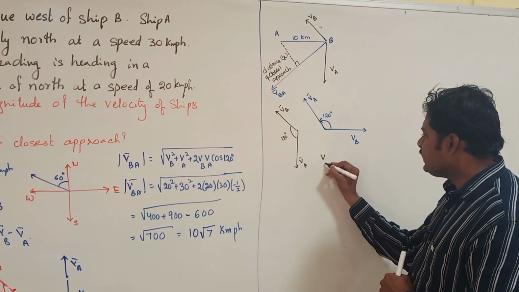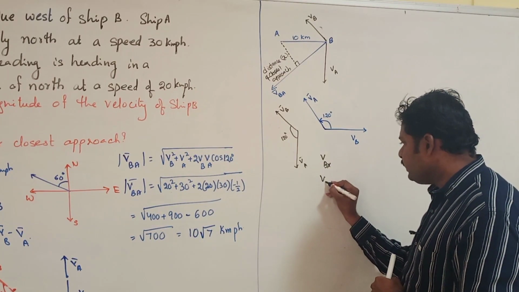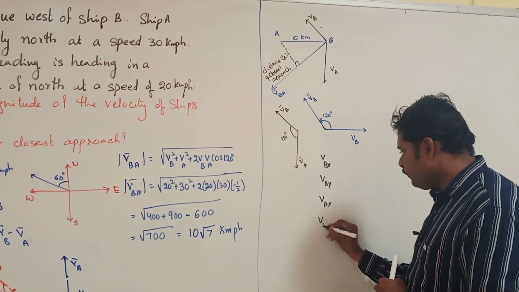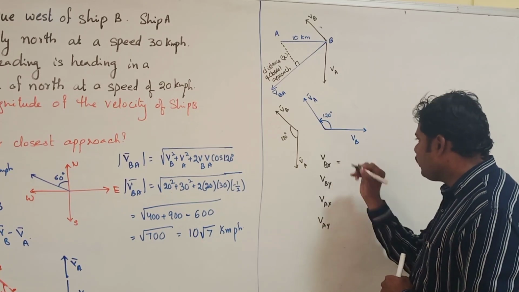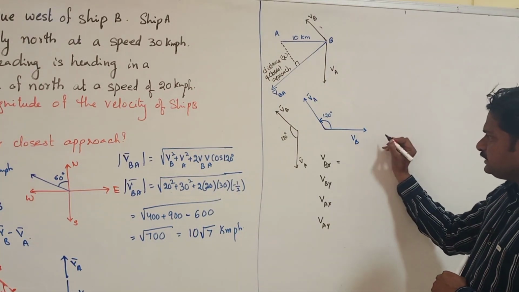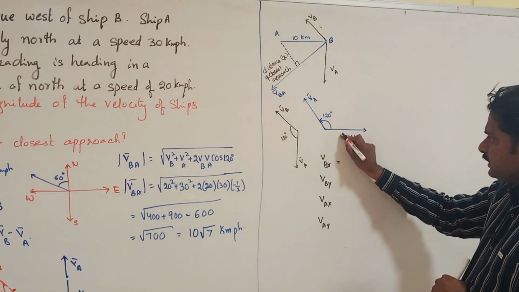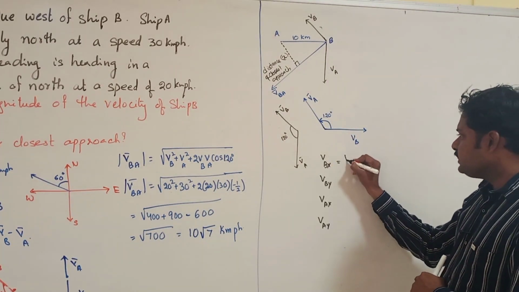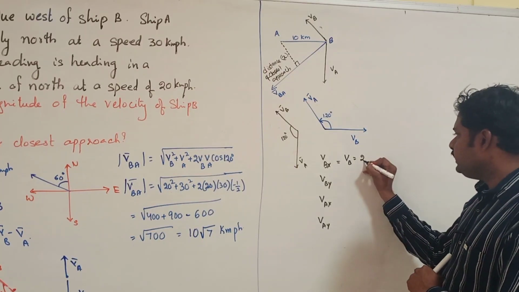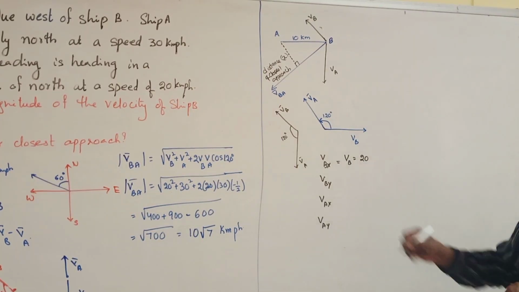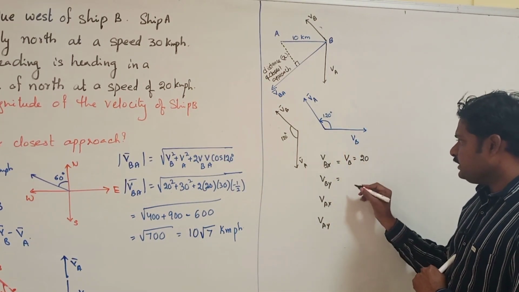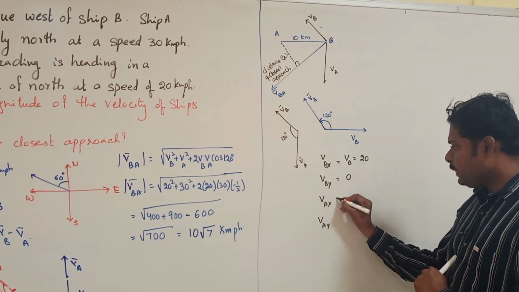Now the VBX component, VBY component, VAX component, VAY component. What is the VBX component? It is already on the x-axis, making 0 degrees with the x-axis. Simply VB, which is 20 kmph. No y component, because from the x-axis it is making sin 0, so VBY is 0.